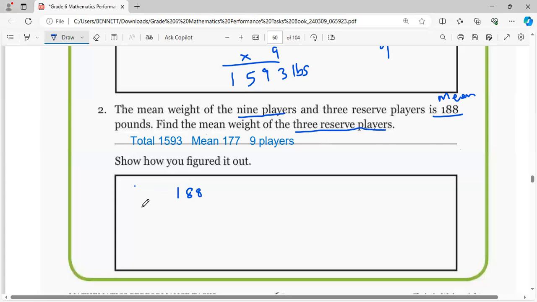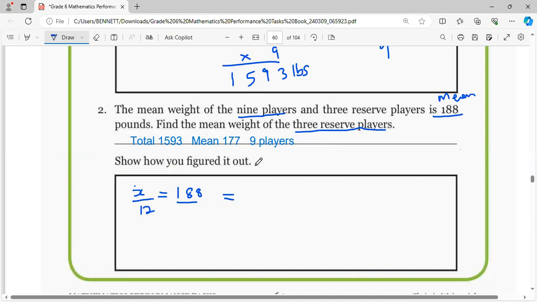It means that we have divided a number by 12 to give us 188. Because we added 12 numbers and then divided by 12 and we got 188.